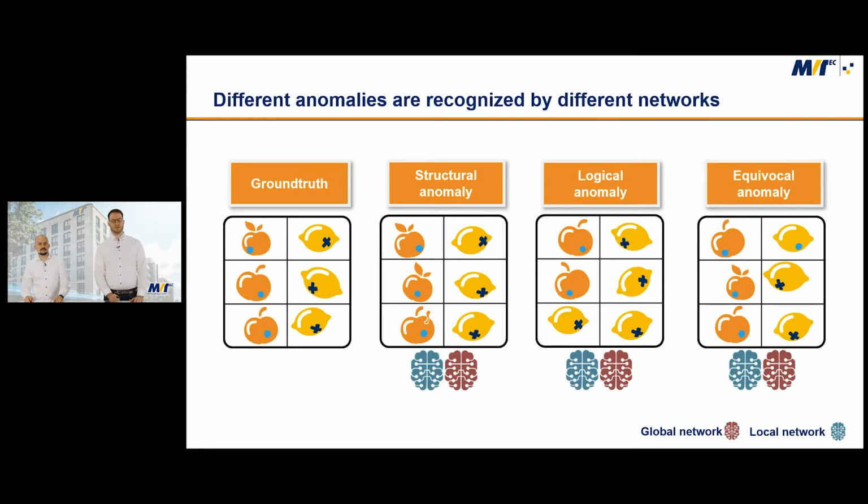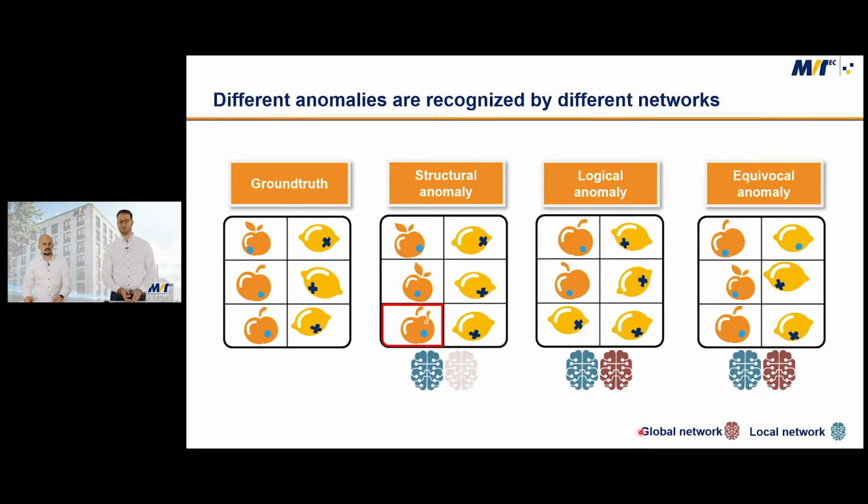Let's have a look at another example. If you have a ground truth like on the left, so a box with lemons on the right side and apples on the left side, and stickers like this on the right side, and stickers like these blue ones on the left side on the apples, then what happens with the networks? If you have structural anomalies, like for example this worm in the lower right here, lower left, sorry, probably the local network would react to and would define this as an anomaly.